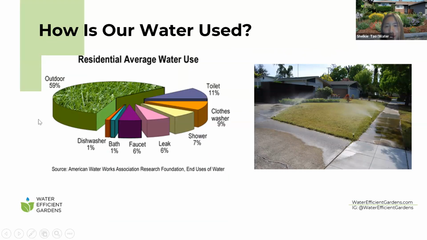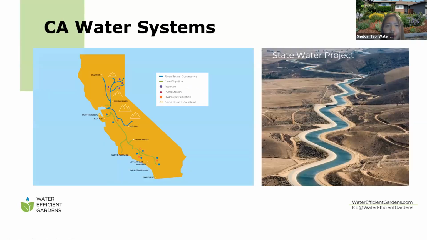So it's a big chunk of the water. And a big part of that comes all the way from Sierra Nevada, because we don't have that much water on the west coast here. We rely on the snow melt in Sierra Nevada.